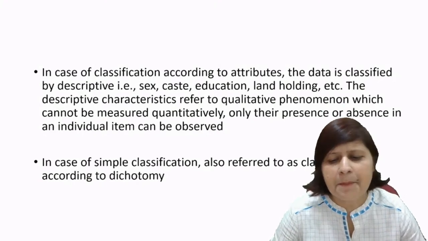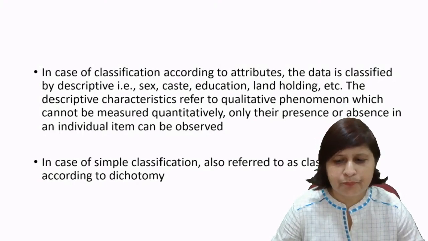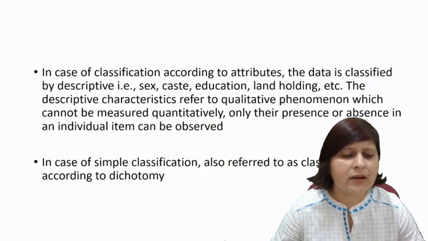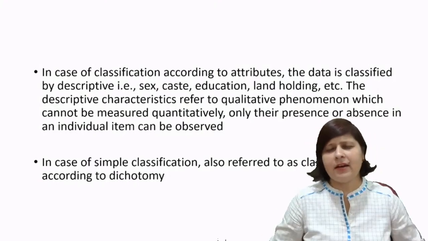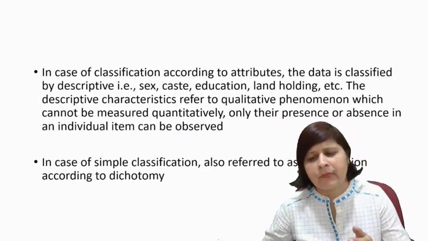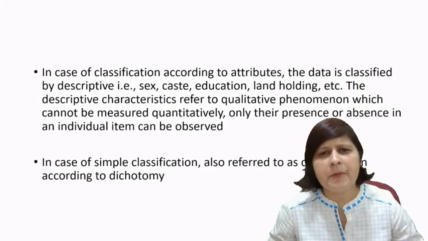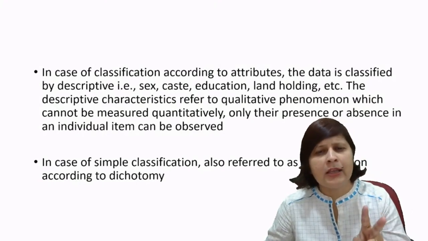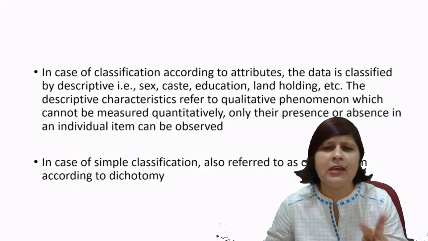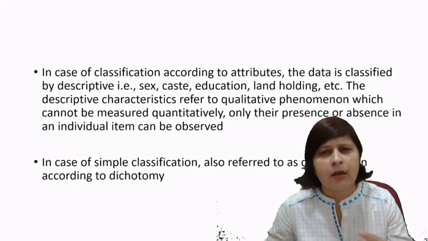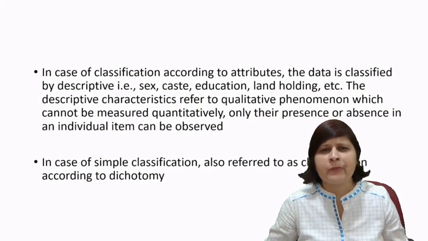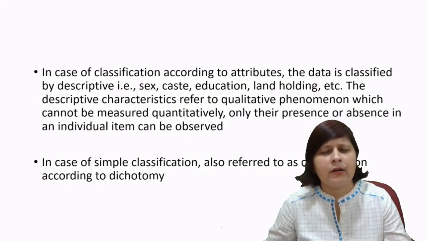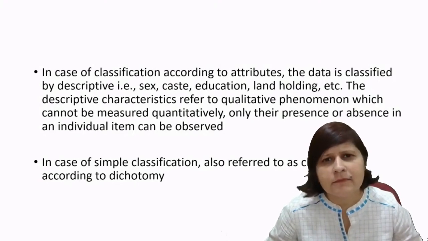In case of simple classification, also referred to as classification according to dichotomy, you can classify your data on the basis of dichotomy. Dichotomy means either two responses, either yes or no, male or female, educated or uneducated, or smoker or non-smoker.